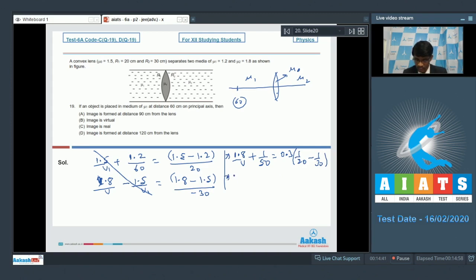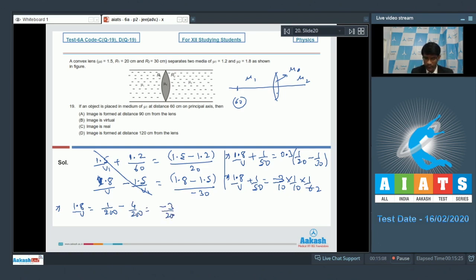So 1.8 by V plus 1 by 50 is 3 by 10 into 1 by 10 into 1 by 6, so it is 1 by 200. So 1.8 by V equals 1 by 200 minus 1 by 50, that means 1 by 200 minus 4 by 200, or minus 3 by 200.